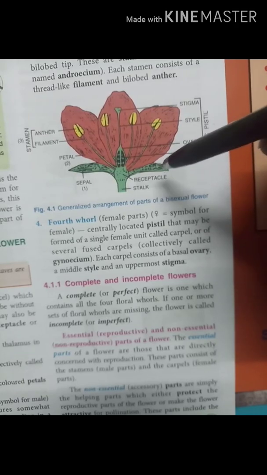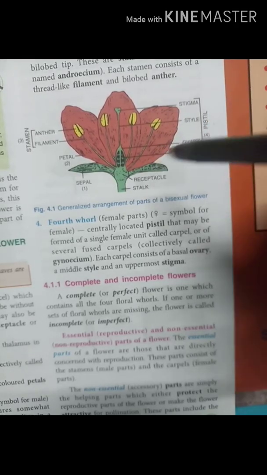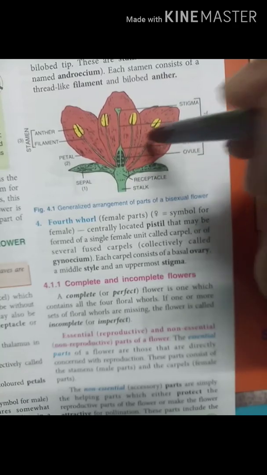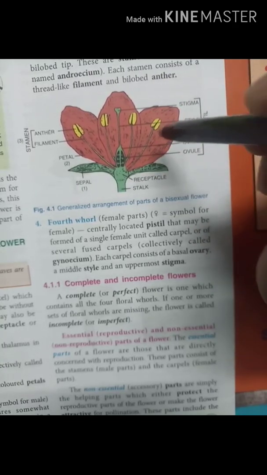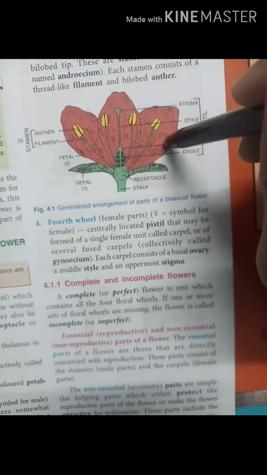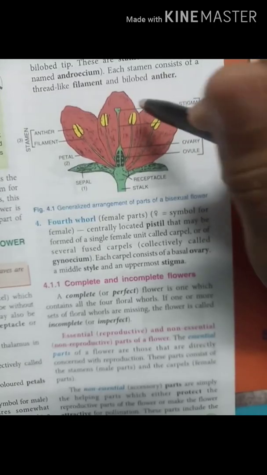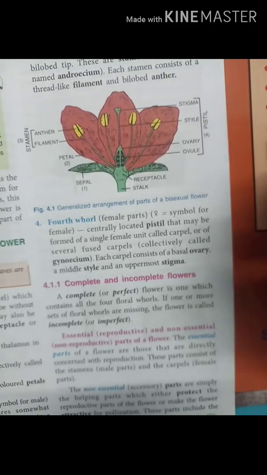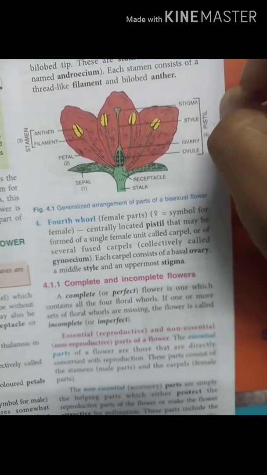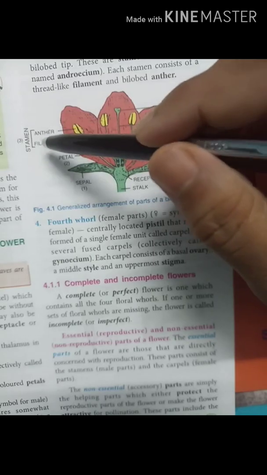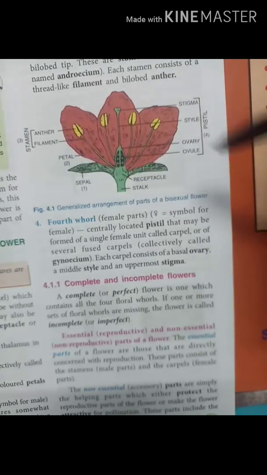Non-essential or non-reproductive parts are the petals and sepals, because they are not directly involved in reproduction. If petals were not colorful, they would not be able to attract insects, so they are involved in fertilization, but not directly. So they are non-essential. The essential parts are the reproductive parts, the stamen and pistil. Clear all of you?